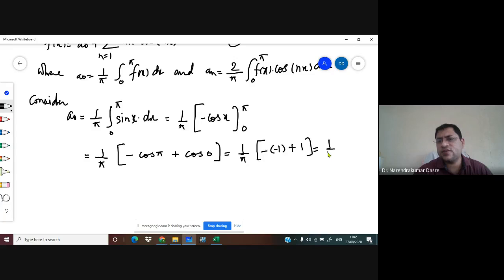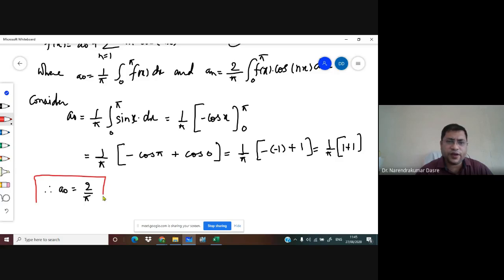So we got 1 upon pi times 1 plus 1. And hence you got a0 is equal to 2 upon pi. So we have this as equation 2. So we got the value of a0.